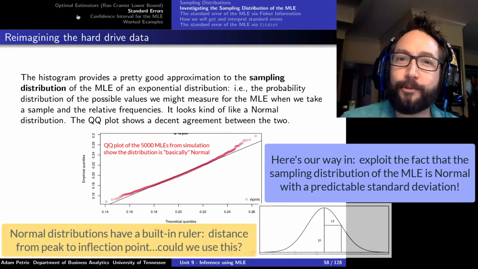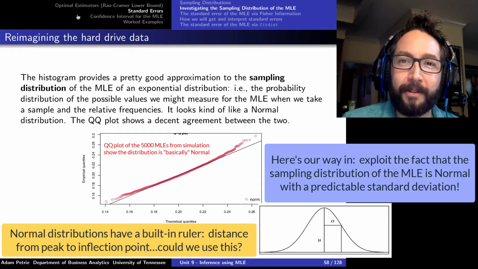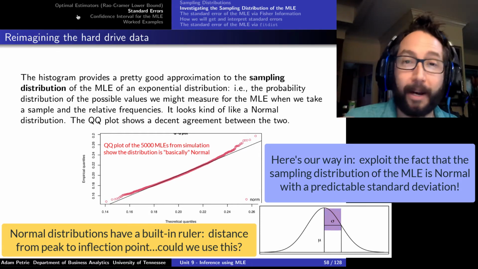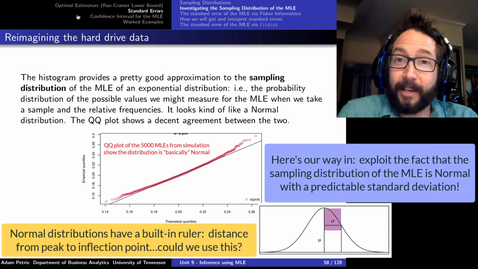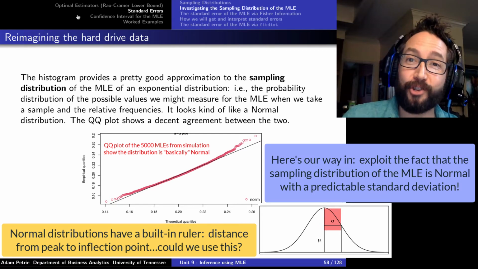So if the sampling distribution of the MLE is normally distributed, what can we measure about that normal distribution that would be a good stand-in for a typical difference between what I might observe in any one particular sample, a particular value of lambda hat, and the true value of lambda that's generating the data?